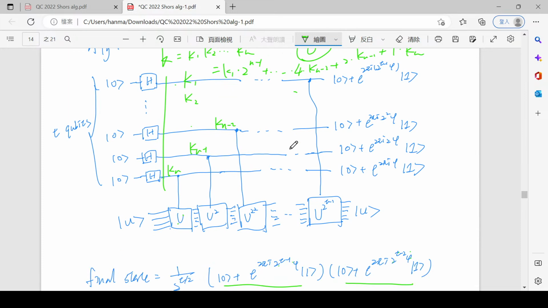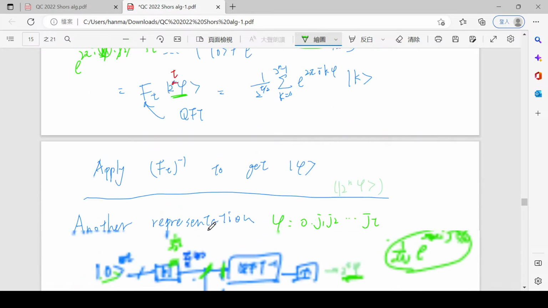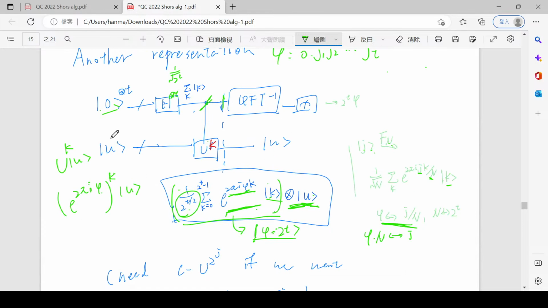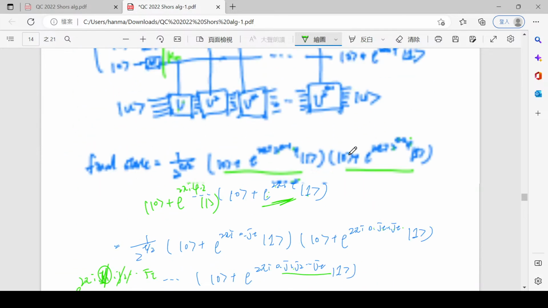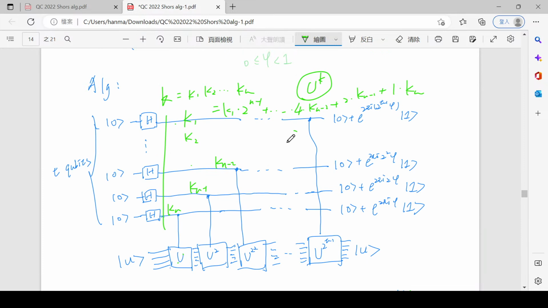Okay. So some other thing. You'll see this, well, at least for me, this is a bit more ugly than this representation. This looks cleaner. So I want to talk about this because this is how we use it in Shor's algorithm.